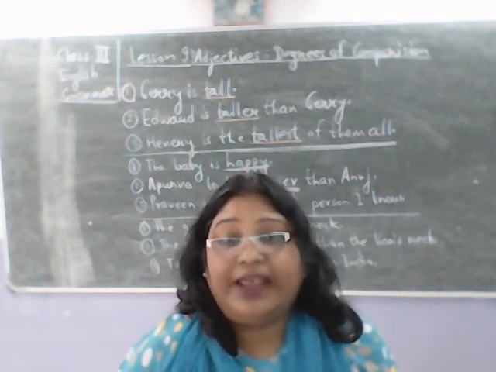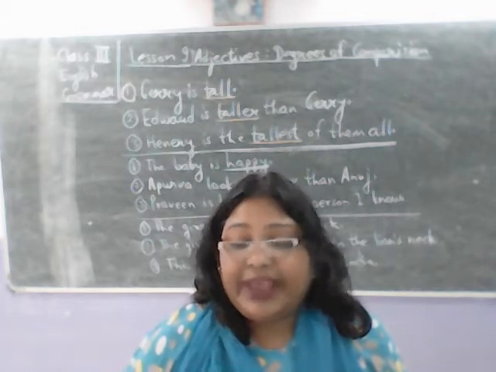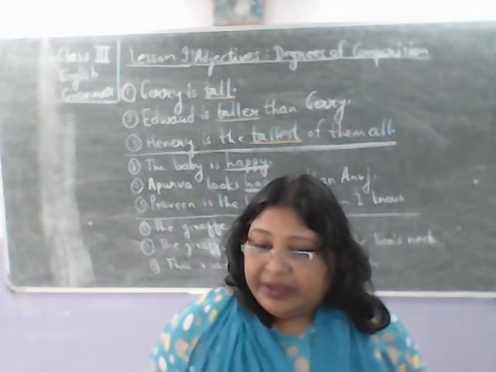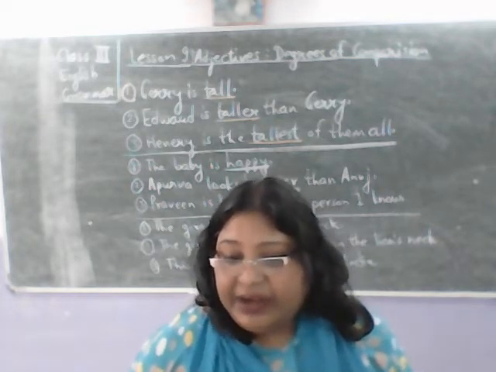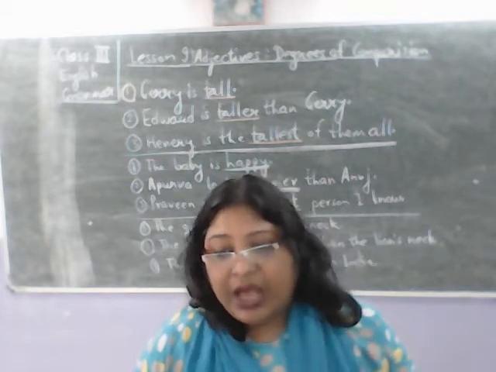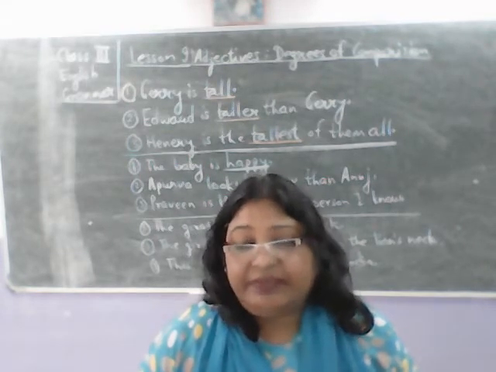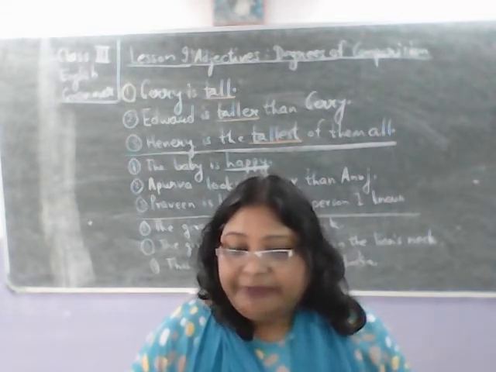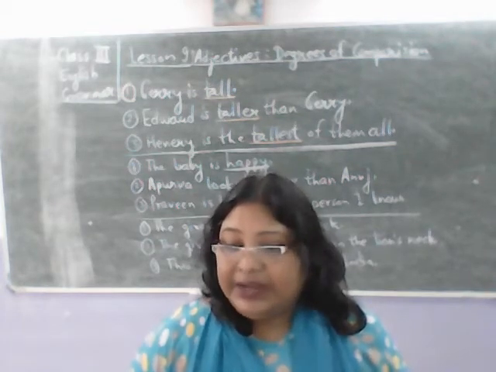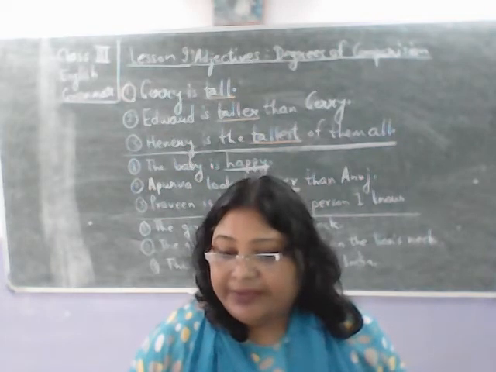Henry is the tallest of them all. In the same way, there are three forms depending on how many things we compare. So the first and usual form is used when we simply describe something or someone.